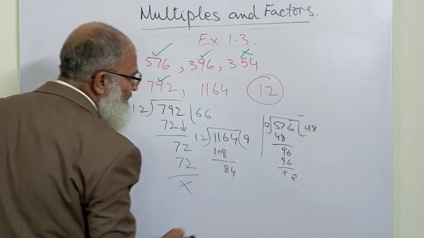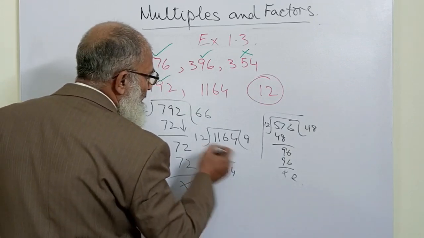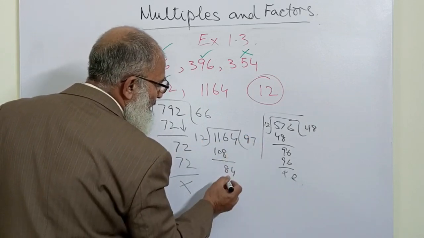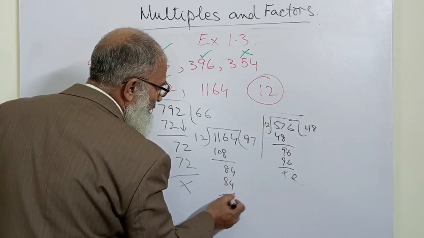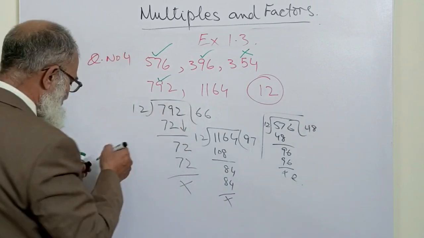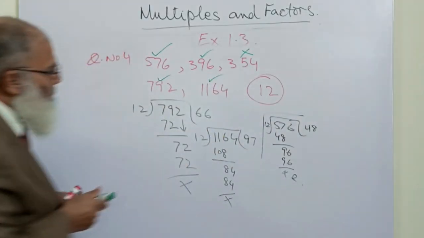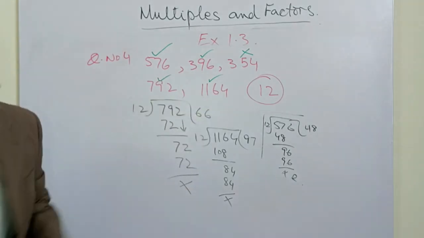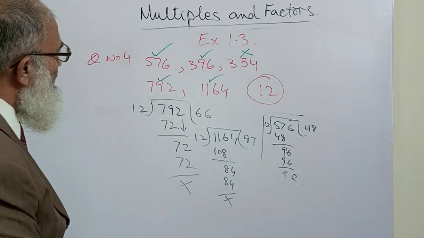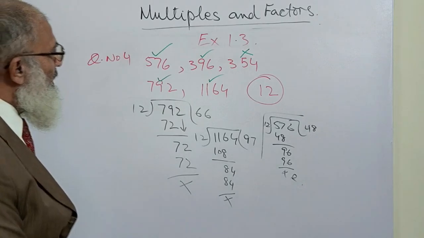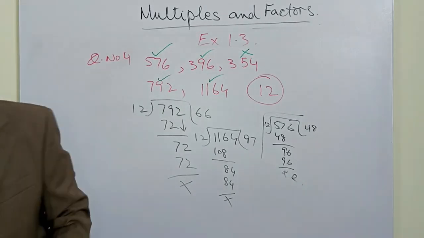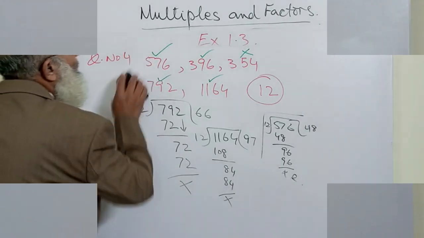It comes 4. And 7s are 84. So this also qualifies as a multiple of 12. So dear students, I am left with only one question now. Let me do it for you.